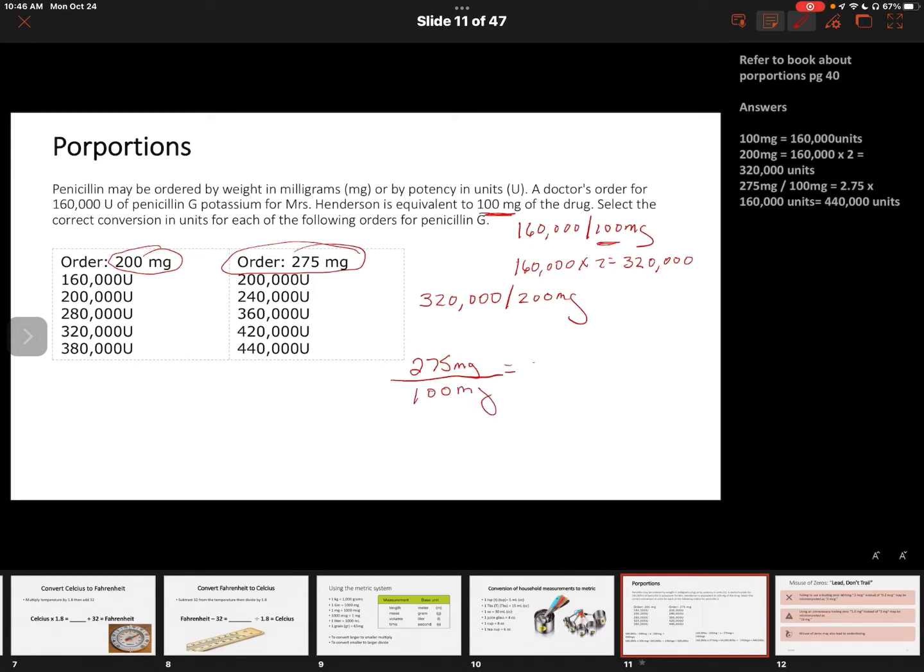This gives me an answer of 2.75. 2.75 is then multiplied by 160,000. That ends up yielding 440,000 units per 275 milligrams.